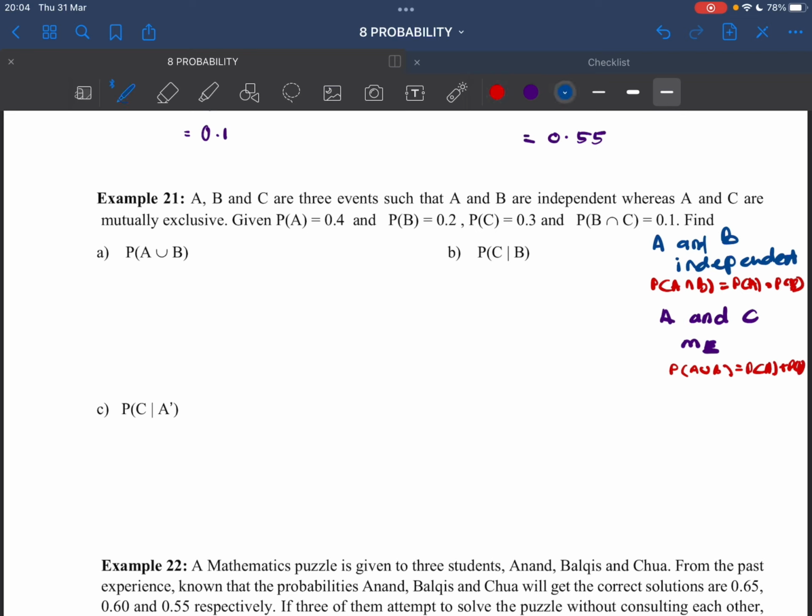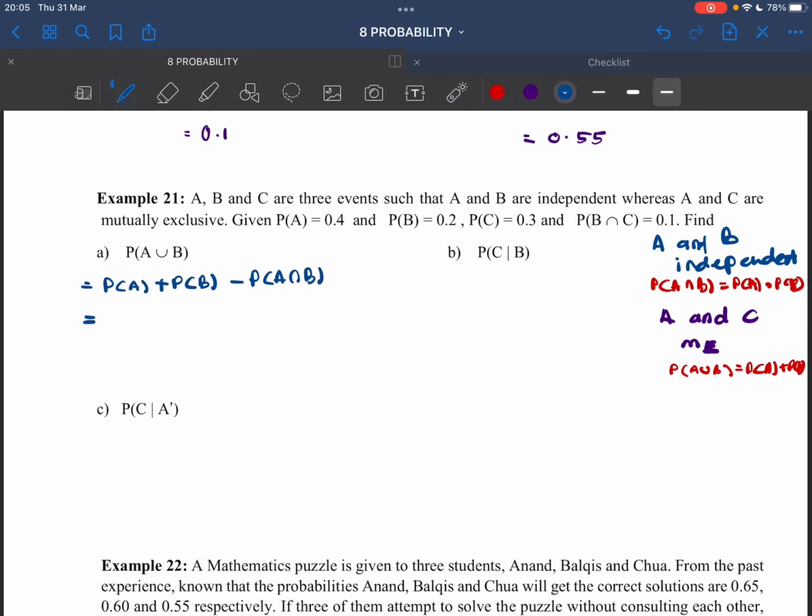For the first question, P(A∪B), straight away we have P(A) plus P(B) minus P(A∩B). A and B are independent, this is the only thing that we know.